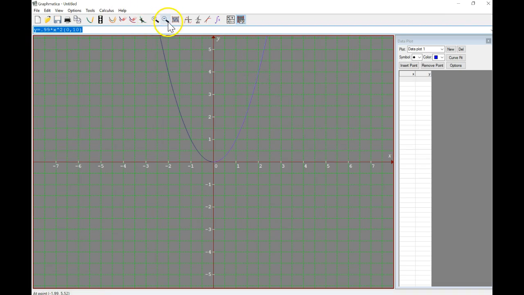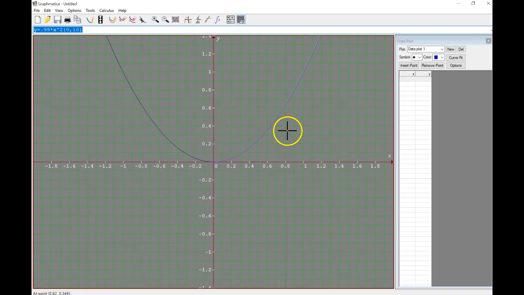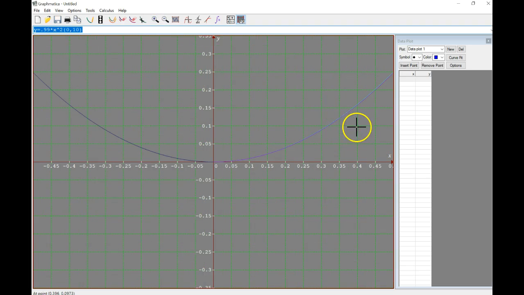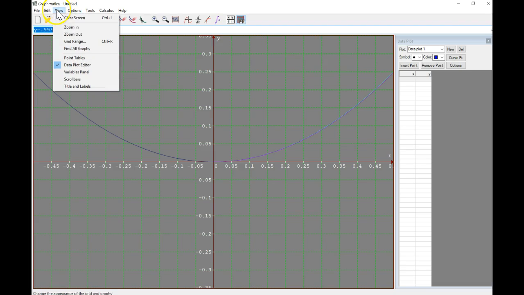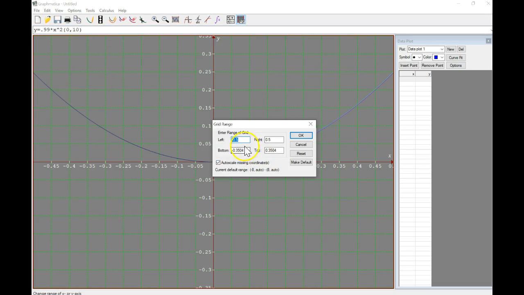If I zoom in, you're starting to see that there is a little bit of a gap between those two. And the more I zoom, I gotta move this over.